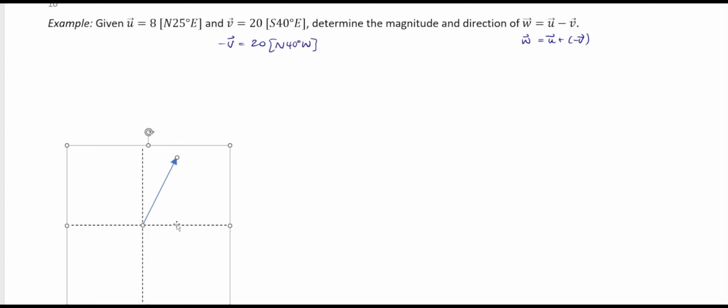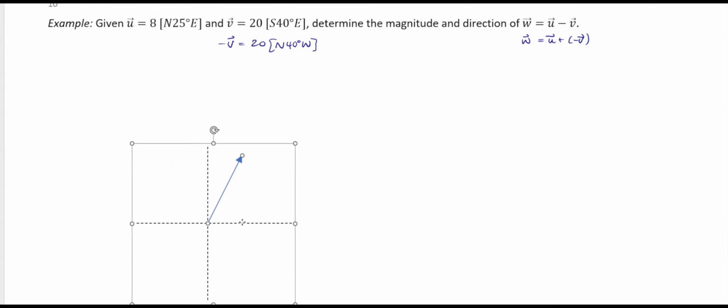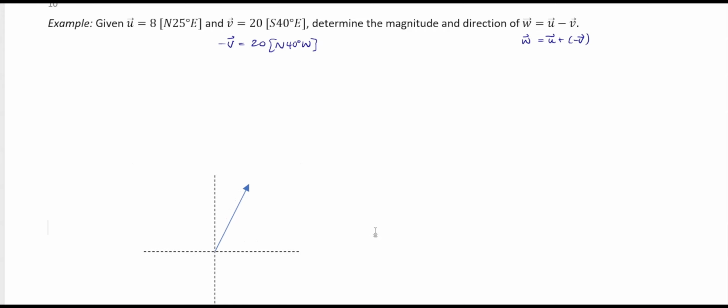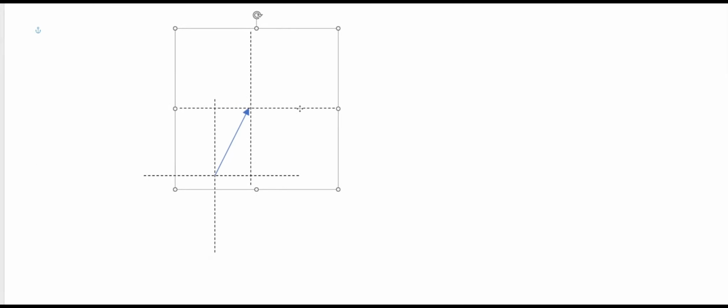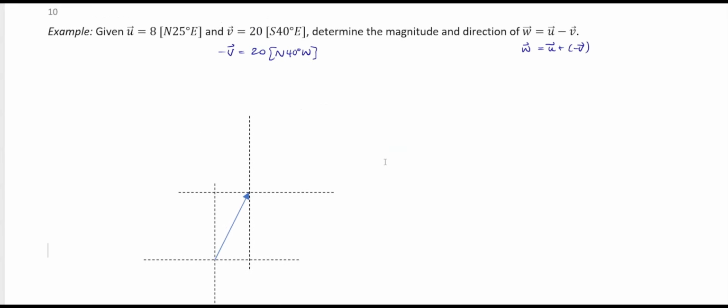And then from there, I'm going to set another set of compass coordinates at its tip right here. And for this right here, I'm just going to draw that this is 25 degrees. Okay, I'm going to set another set of coordinates, and I'm going to put my north 40 degrees west.